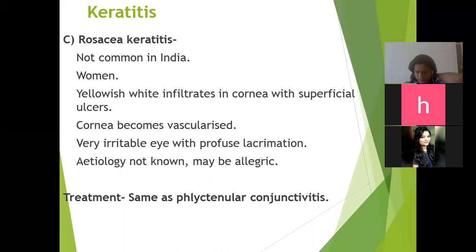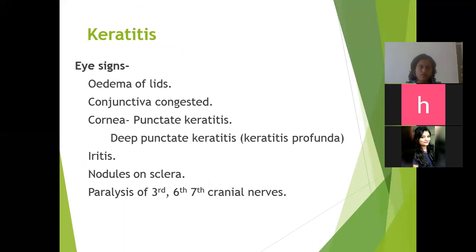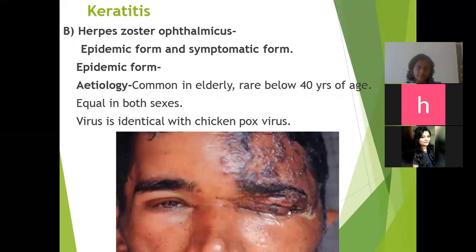In herpes zoster ophthalmicus, we see a chronic ocular lesion. There is ptosis due to scarring of the lid, trichiasis, entropion, and lid notching may also occur.